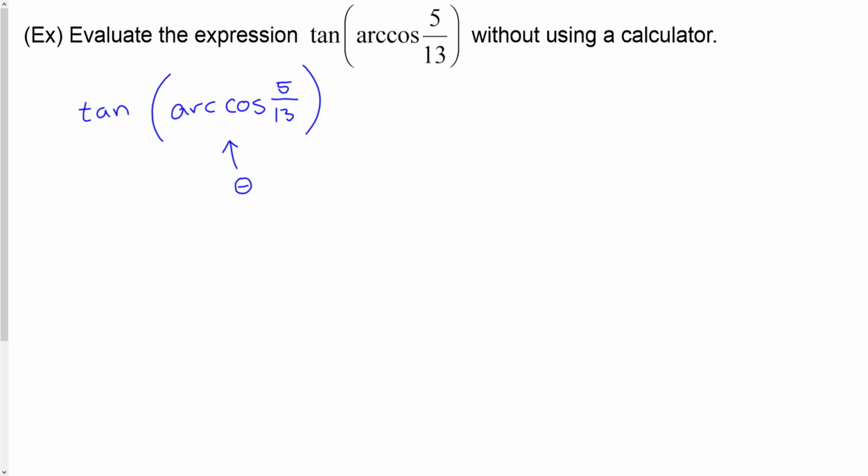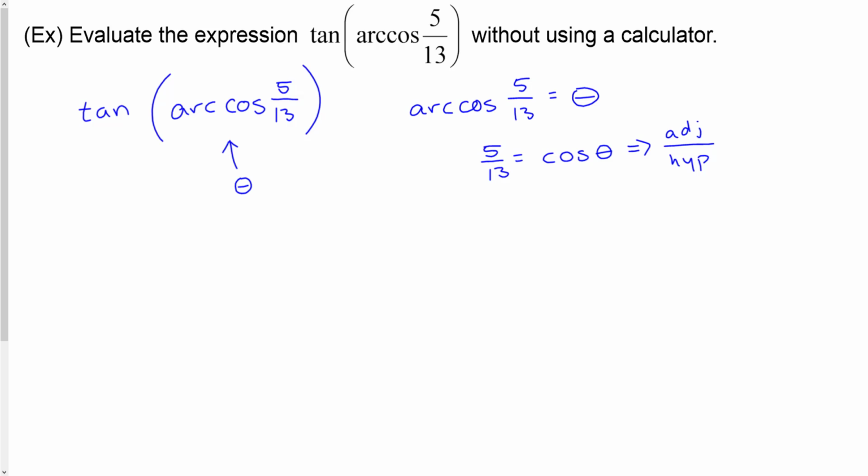Okay? So the arccosine of 5/13 is equal to that angle measure theta. Or if I take the cosine of both sides, that means 5/13 is equal to the cosine of theta. So cosine is defined as the adjacent side over the hypotenuse.